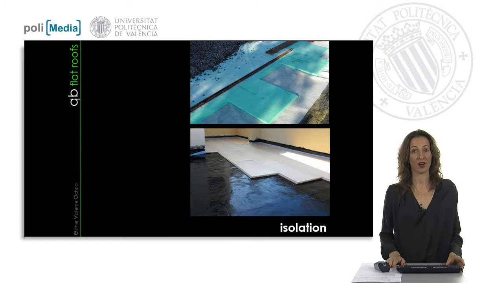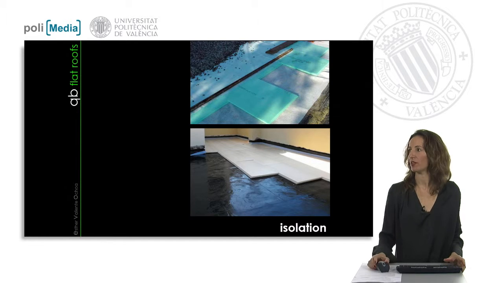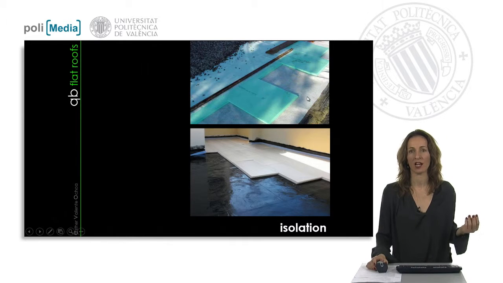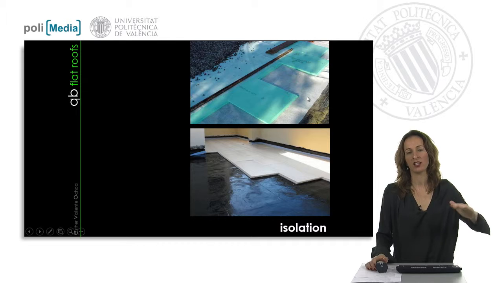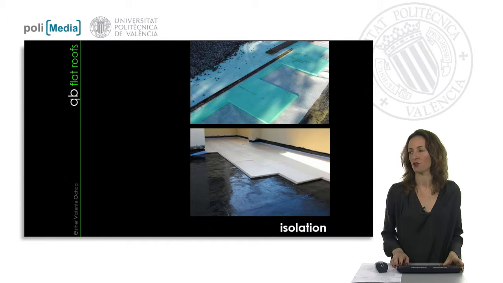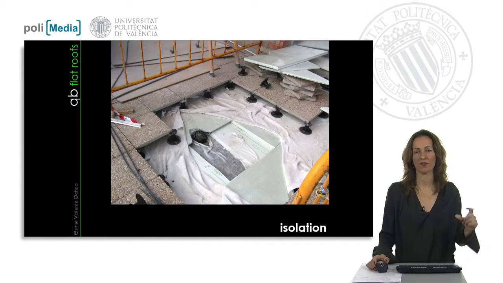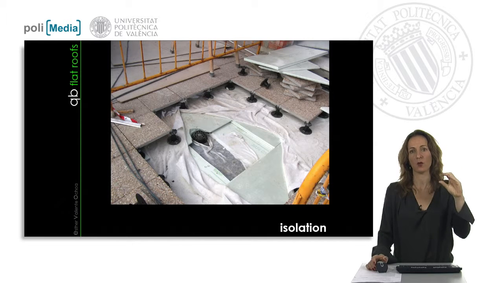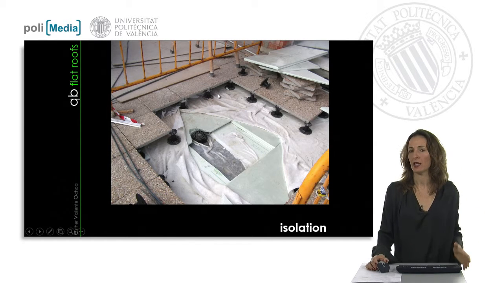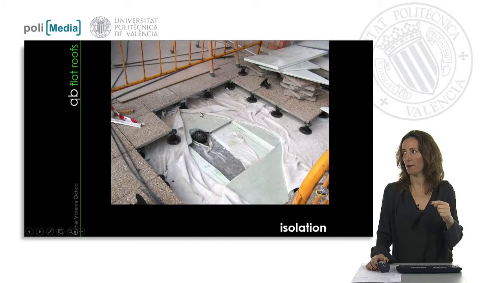If the result is right, if we are lucky with the result and with the construction, it's time to start with the insulation. Insulation can come directly with these sheets, and we will use this geotextile. This is a nylon sheet that keeps each layer in a different stage. But we can also use prefabricated systems, a kind of sandwich system where the pieces help us to have the chamber and the insulation.